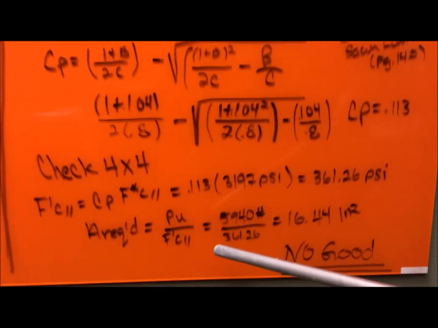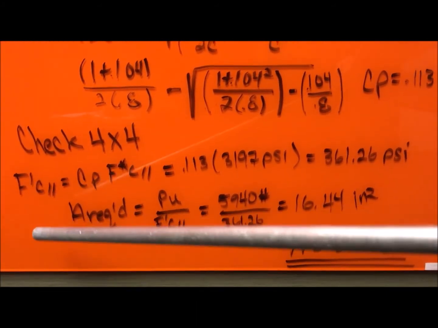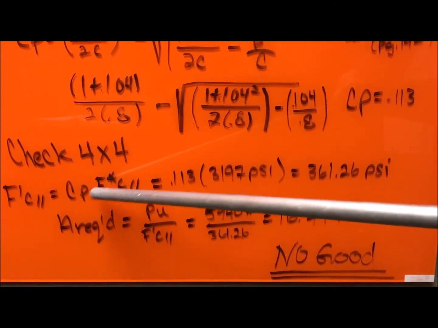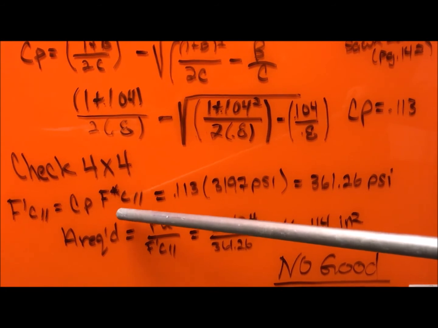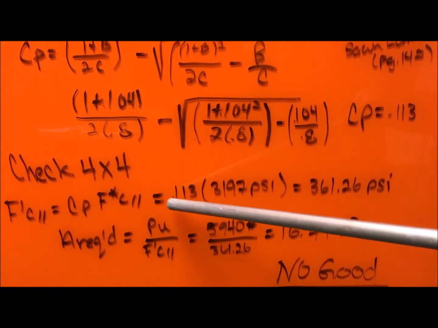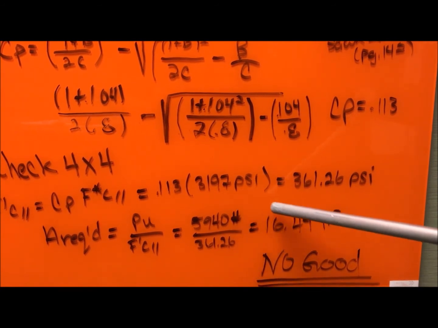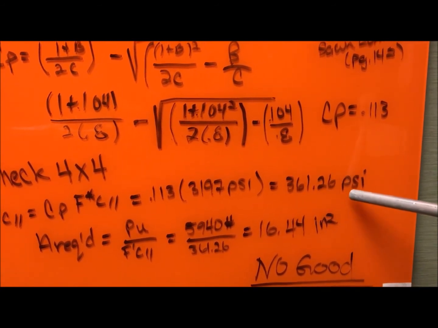So we're going to check the 4x4, and then we'll use F prime C parallel equals CP times F star C parallel, which is equal to 0.113 times 3197 psi, which gives us 361.26 psi.